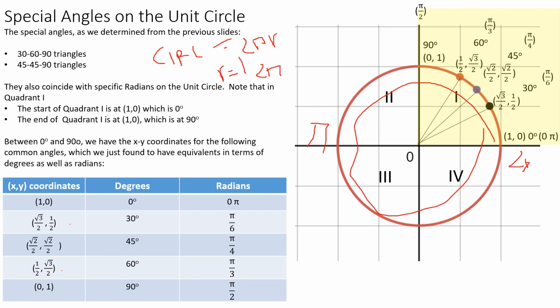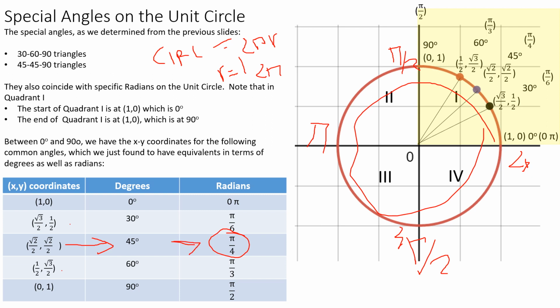And if this is 0 to 1 pi halfway around, this is pi over 2. This is 3 pi over 2. And then we can start subdividing it. If this is pi over 2 from 0 degrees, 90 degrees, halfway around there is pi over 4. So square root of 2 over 2, comma, square root of 2 over 2 for the xy coordinates is the same as 45 degrees, which is the same as pi over 4.